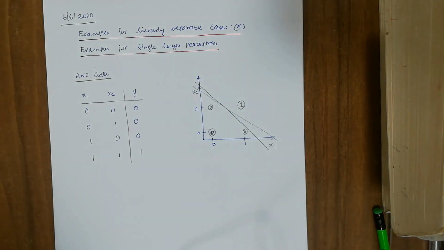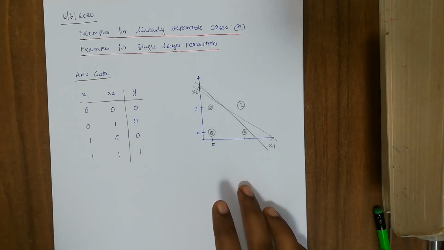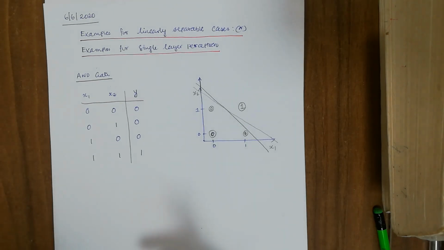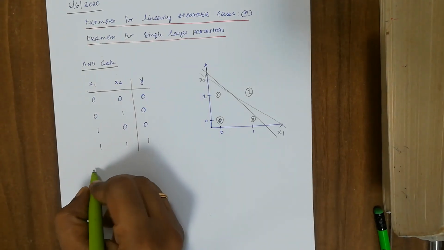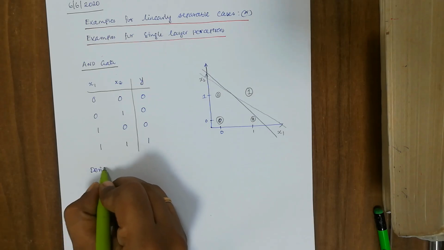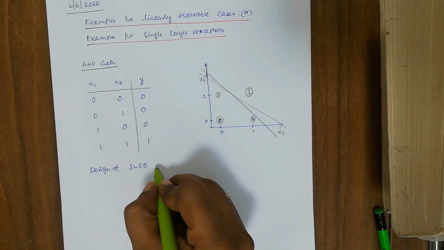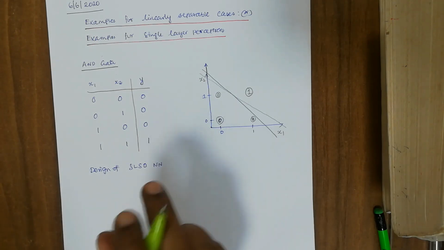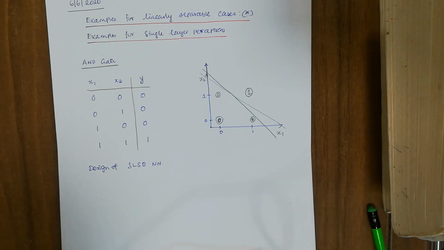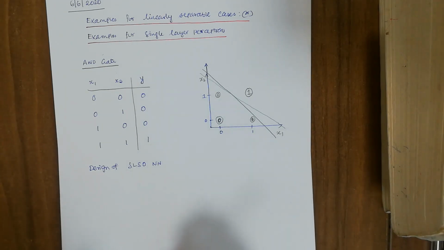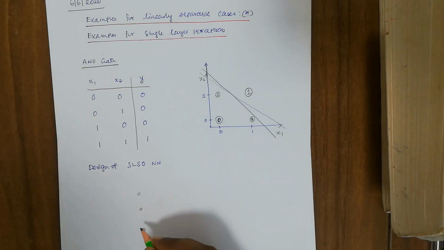So let us design a single layer, single output neural network which imitates this AND gate. In the case of a single layer, single output network, we should have an input layer.